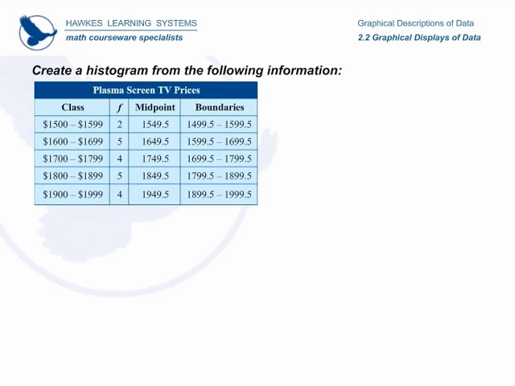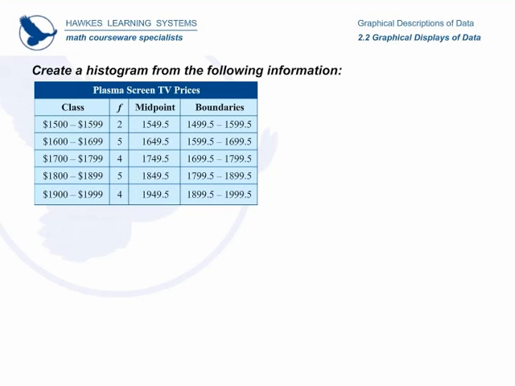We would note that our first class is $1,500 to $1,599, and there are 2 plasma screen TVs within that frequency. And then we have our midpoint. We can see the midpoint is found by adding 1,500 plus 1,599 and dividing by 2. That way we get the half point or the midway point, which is 1549.5.